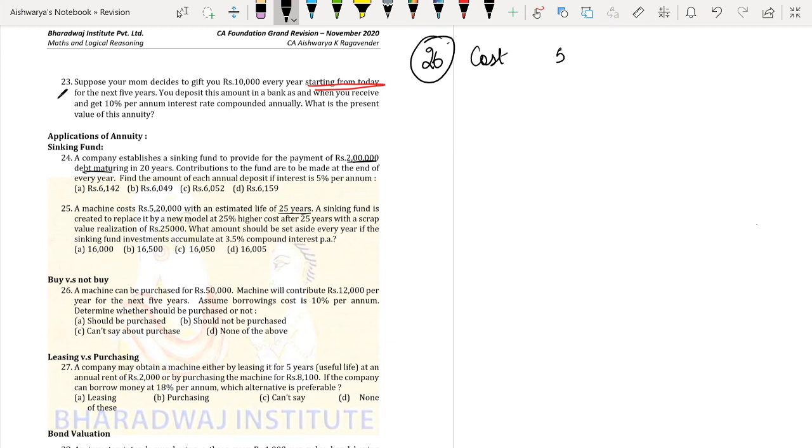When the benefit from this machine is greater than or at least equal to the cost, but definitely not lower than the cost. How do you calculate the benefit of this machine? These 12,000 you want to compare with 50,000. That 50,000 value is at time 0, right now. So I need to bring this also down to time 0, which means I need to find the value of this at the present.